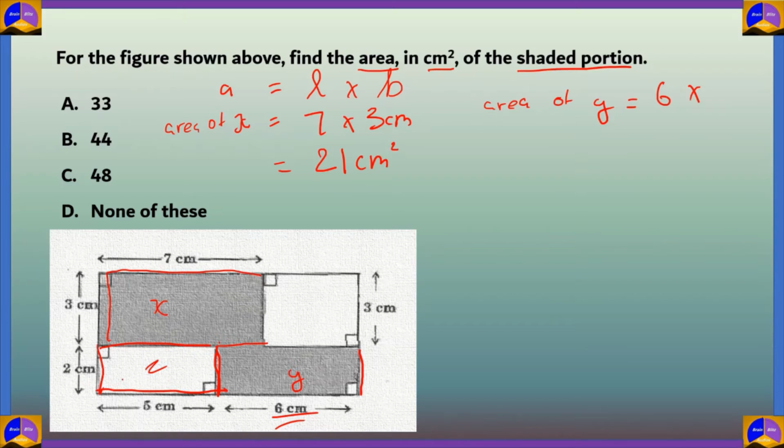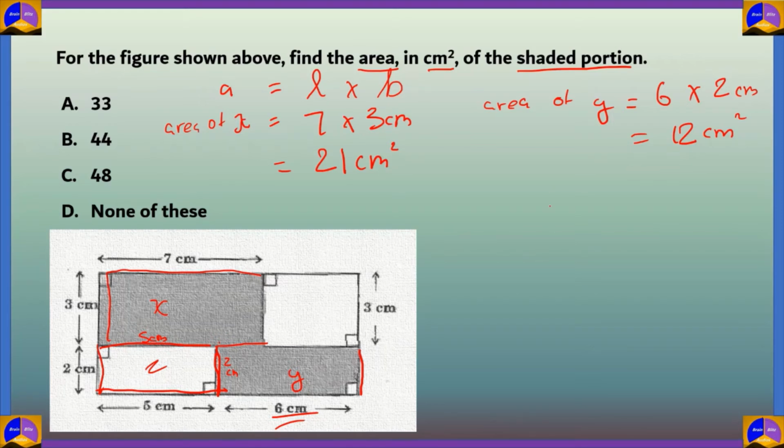Now opposite breadths and opposite lengths are always the same. So this will also become 5 centimeter and this will also become 2 centimeter. Now if that's the case, we already know that this will become 2 centimeter, which is already a part of rectangle Y. So the breadth of rectangle Y is 2. Say 6 times 2 centimeter, which equals 12 centimeter square.